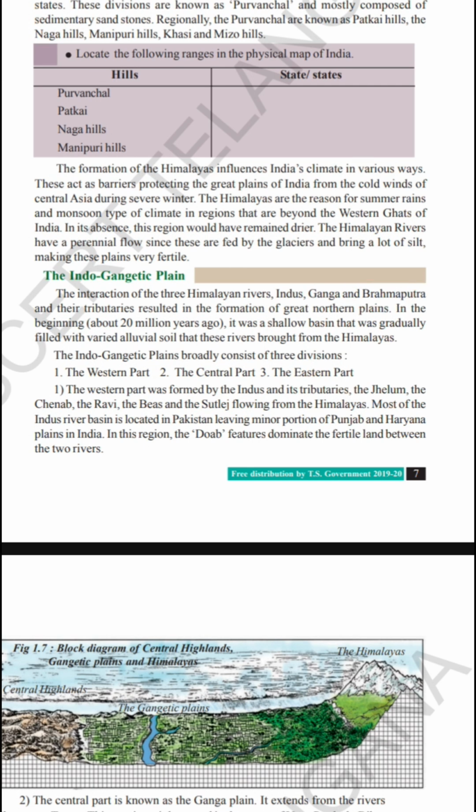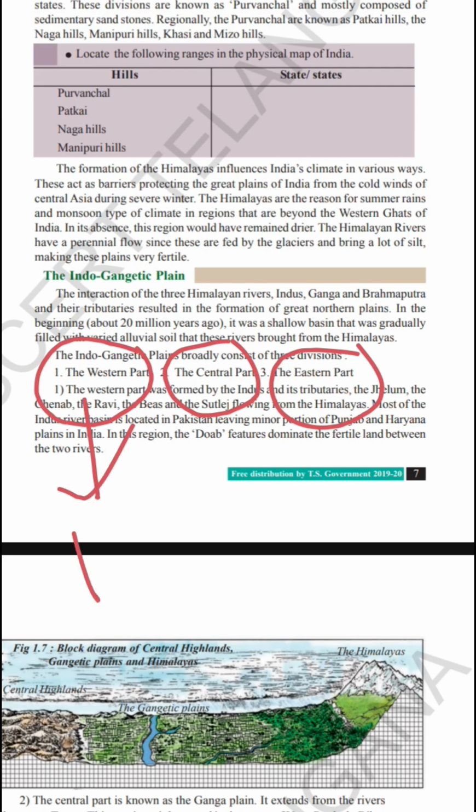Now, moving to the next part, Indo-Gangetic Plains consist of three broad divisions. So what are the broad divisions? The first is the western part, the second is the central part, and the third is the eastern part. And this is also formation by rivers only. When it comes to the western part, it is most probably with the help of the Indus River.